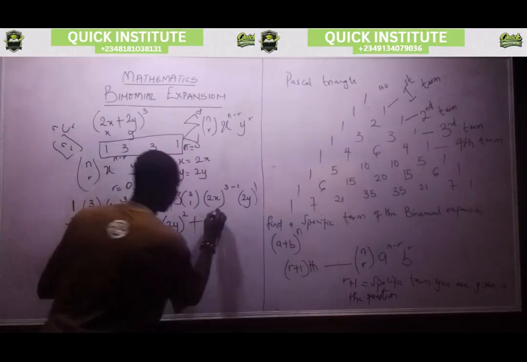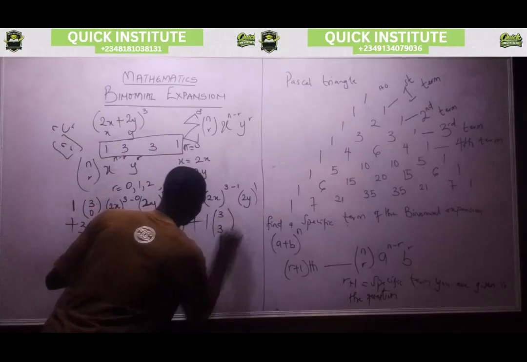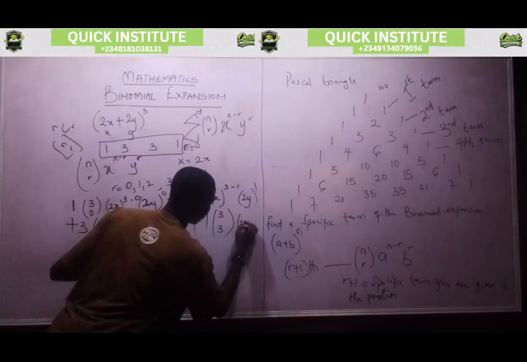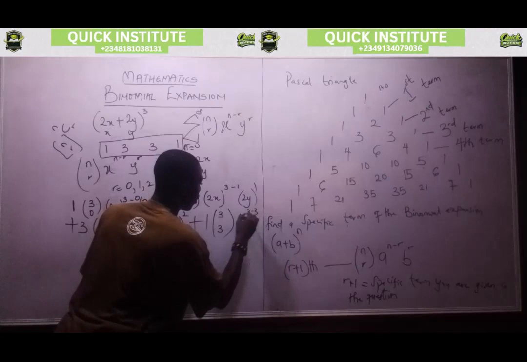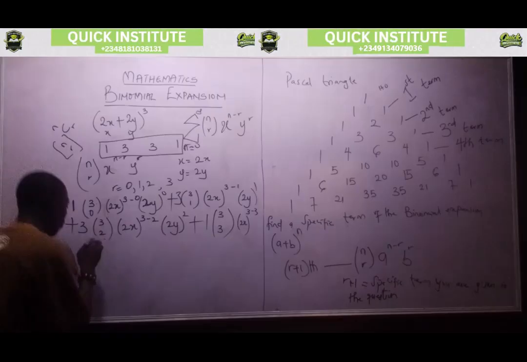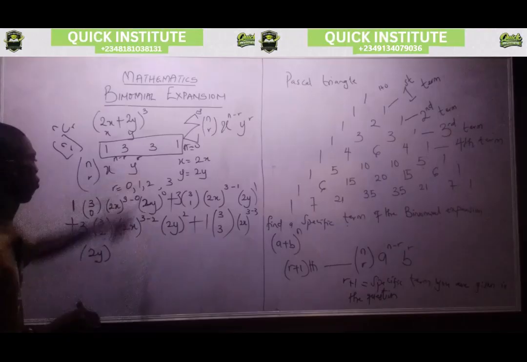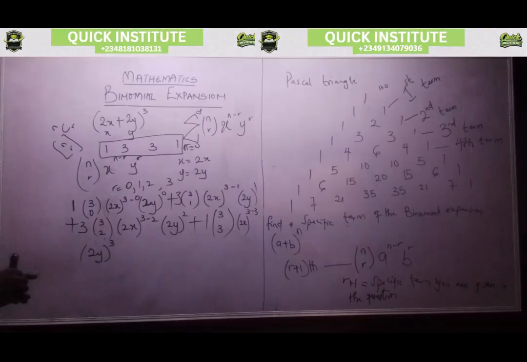So it will be 3 combination 3, 2s to the 3 minus 3, and 2y to the r, which is 3. Now we have to solve.